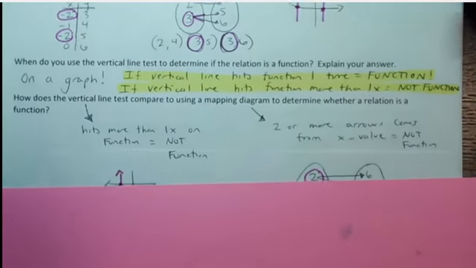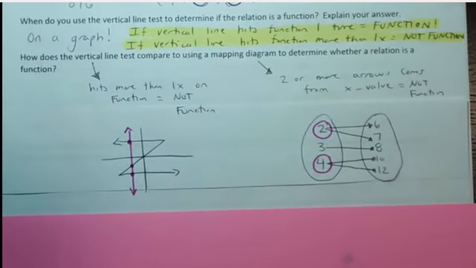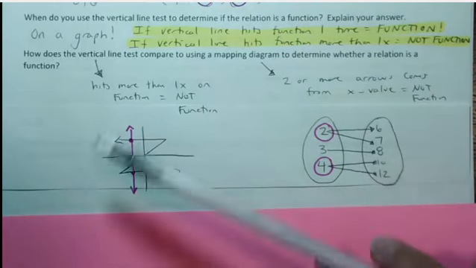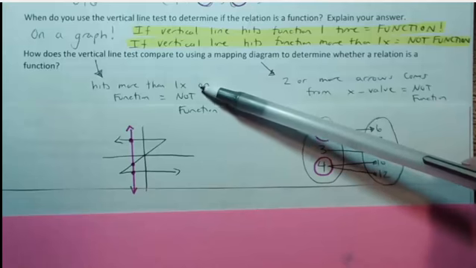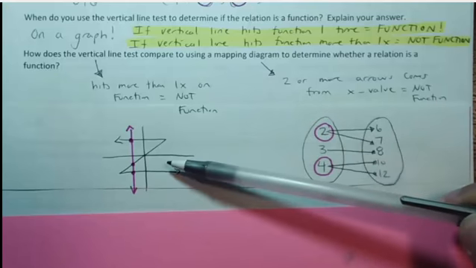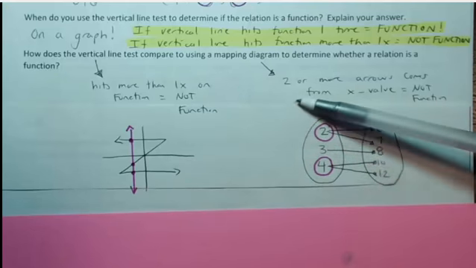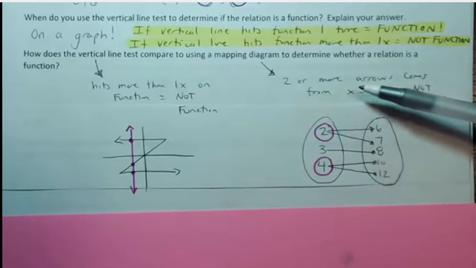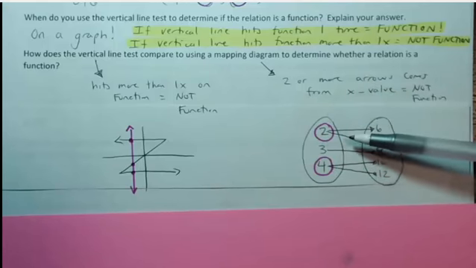Okay. The next question, how does the vertical line test compare to using the mapping diagram? So this question you could have gone a couple different ways. For the vertical line test, I just put down again, if it hits it more than one time, it's not a function. And it's similar to the mapping diagram, because again, if 2 or more arrows come from the x value, it's not a function.